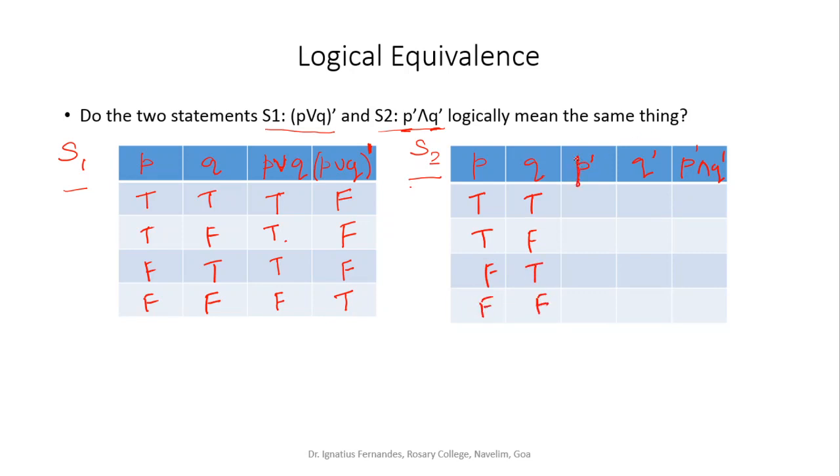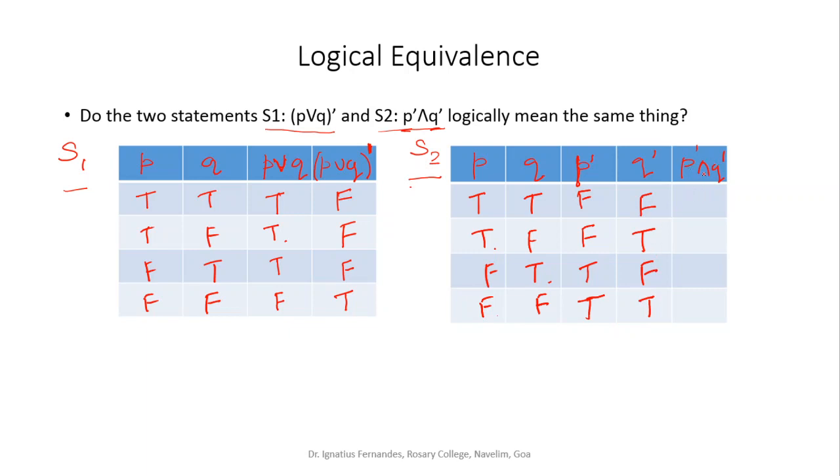I'll write down P bar here, the negation of P. So if this is T, this is F, this is T, this is F. If this is F, this is T, and this is F here, so this is T. The same way I write down the truth value for Q bar. Q is here, I write down its negation. If Q is T, Q bar is false. This is false, so this is T. This is T, so this is false. This is false, so this is T.